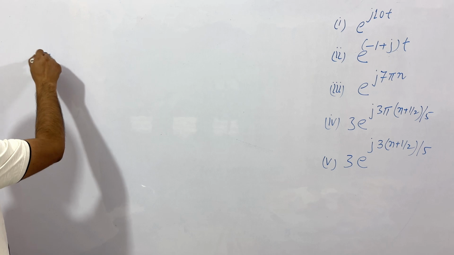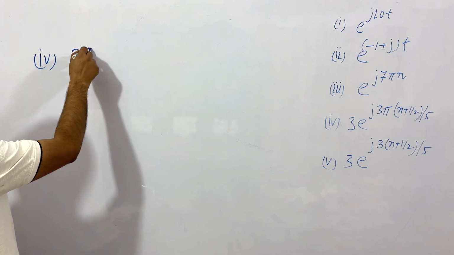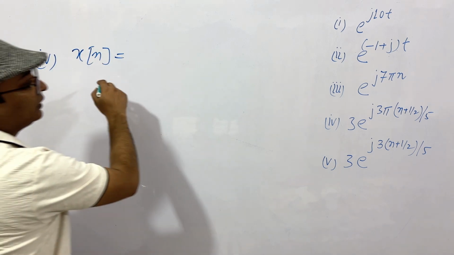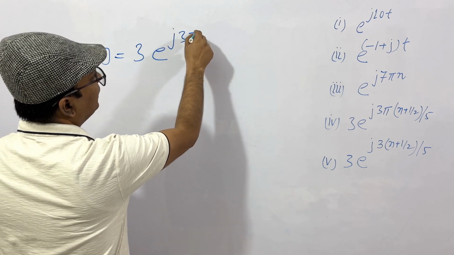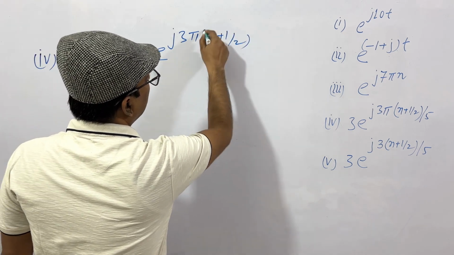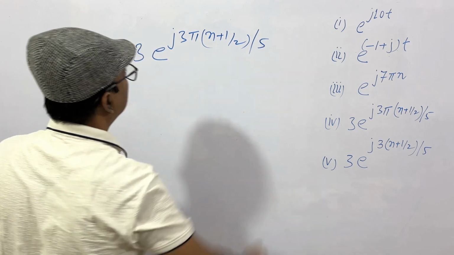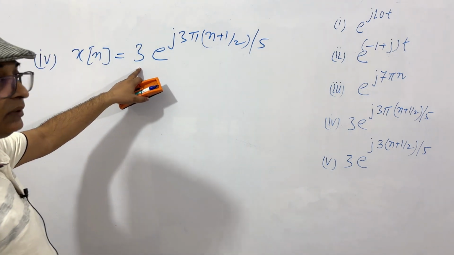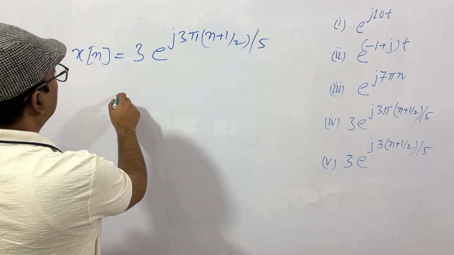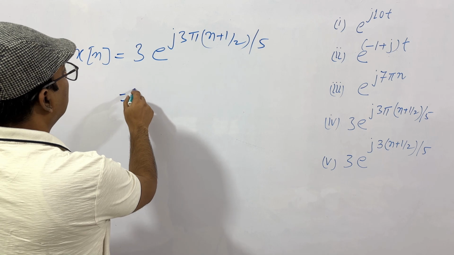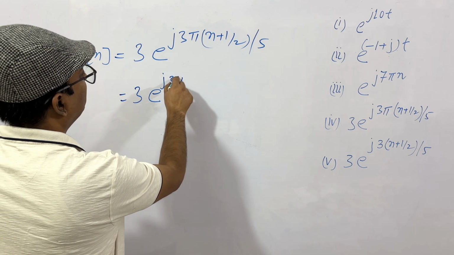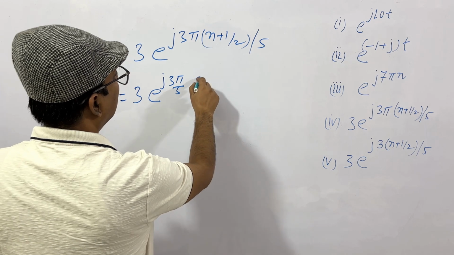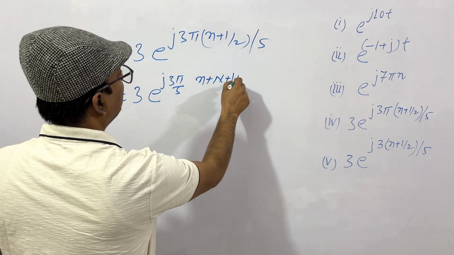Fourth is your x[n]. This is also a discrete signal. This is equal to 3e^(j3πn/5) plus 1 by 2. This 3 is just amplitude, so don't get confused by this. So when we put n plus N, what we'll get is 3 e to the power j 3 pi by 5, n plus N, plus 1 by 2.